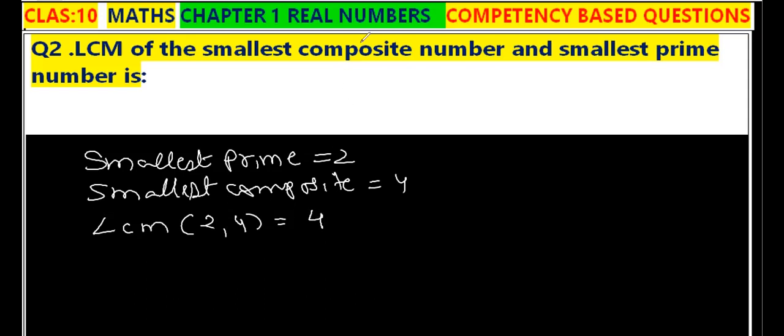So what is the answer here? 4 is the answer of the LCM of the smallest prime number and smallest composite number. So we can mark here the answer. So 4 is the answer here.